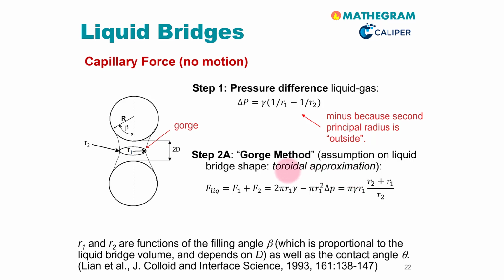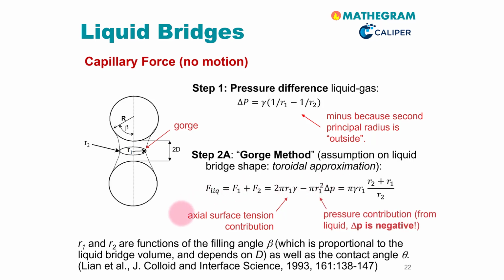If you have this, you could then calculate this delta P from this equation, and this is the contribution of the surface tension in this cross-section here, and you then end up essentially with this expression that is precise. However, again, R1 and R2 can only be found analytically if you assume this toroidal shape of the bridge.